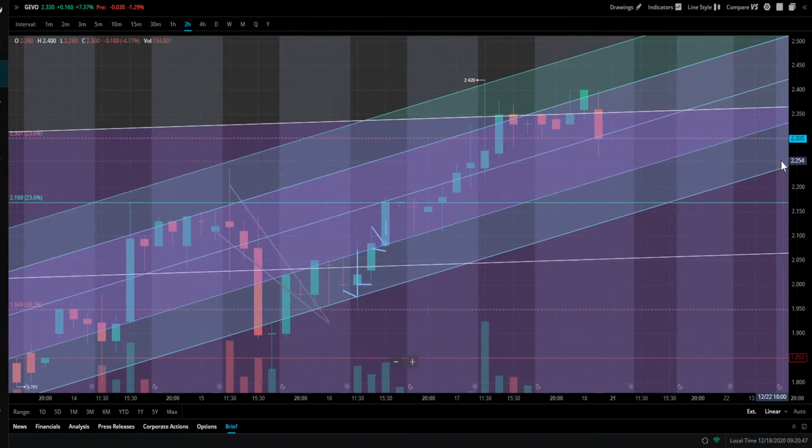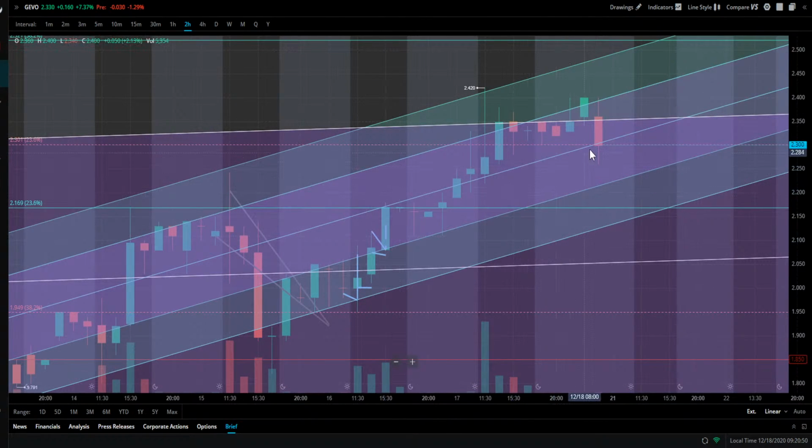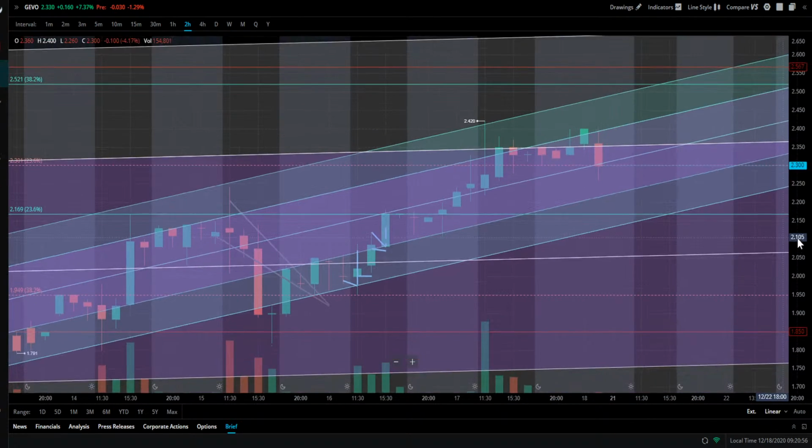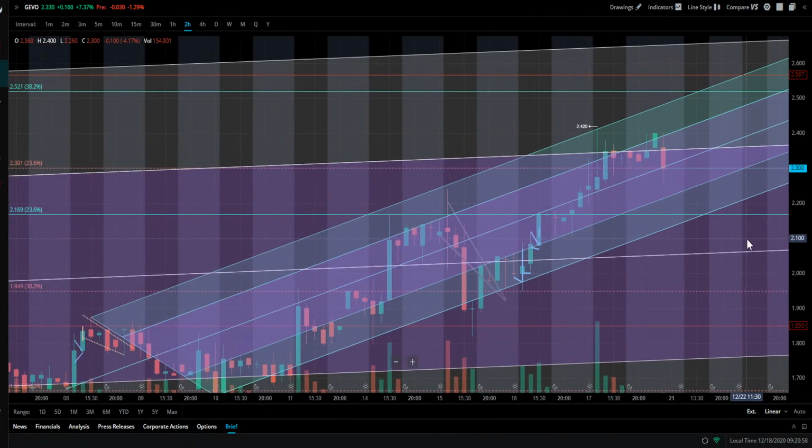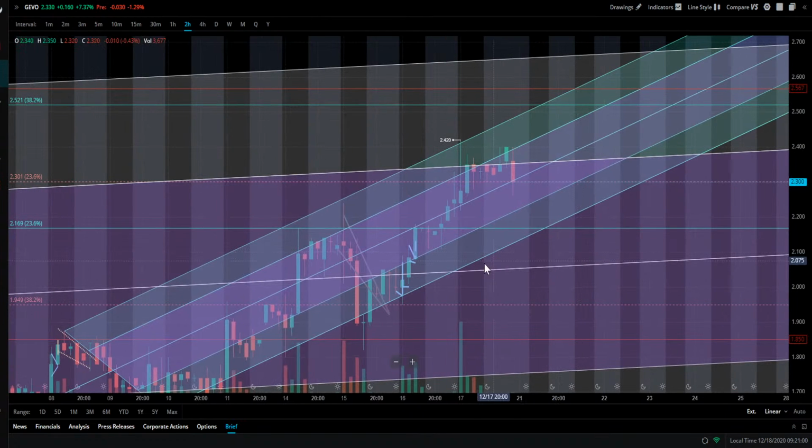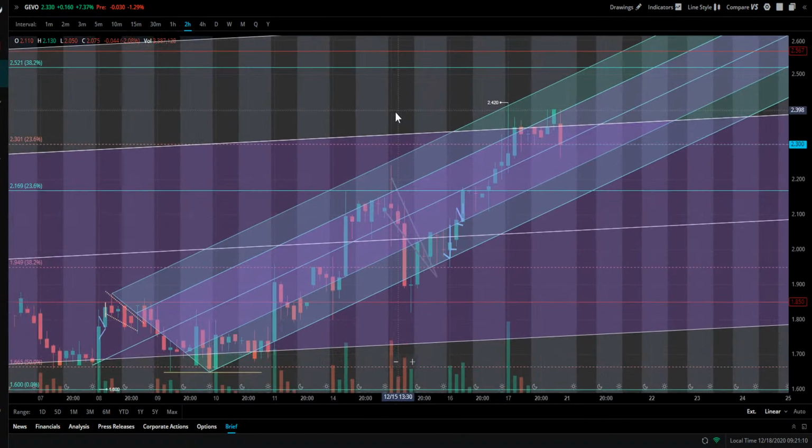If you want to check on GEVO, you could just open that stream and see how it's moving along these resistance and support lines. Instead of trying to do all of these calculations yourself on your phone, just tune in, see that it's holding the support or pushing the resistance, and then you can get back to work.